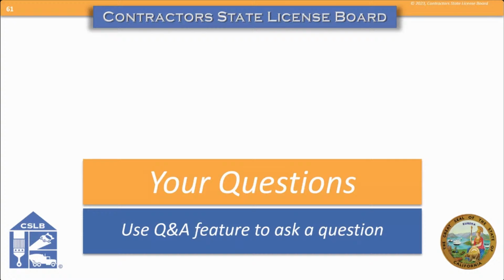Once your application has been accepted, we refer you to exams, and you will receive, I believe, a letter, maybe an email with the information of how you register with PSI, and then you get to choose your location and your dates. That information will be sent to you once your application has been accepted through CSLB and you're ready to take the exams. But there are a ton of locations throughout California.